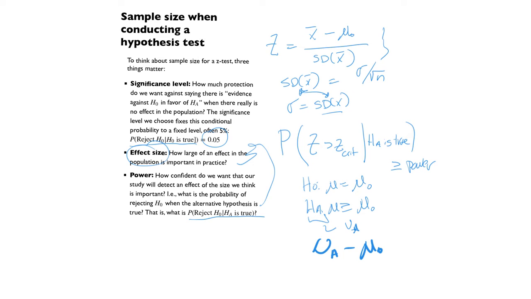If we're doing a one-sided test and we want the critical value, alpha, to be 0.05, that means the critical value, z crit, will be the 95th quantile of the standard normal, which is equal to 1.64, around.